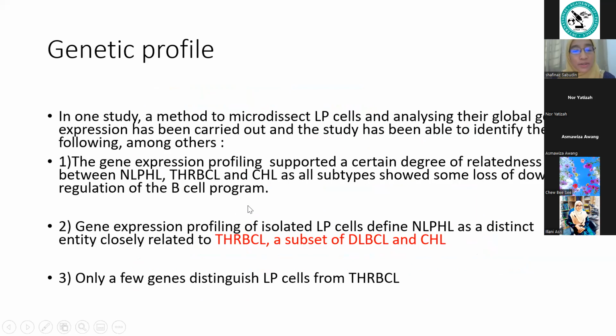From this study, they also established the isolated LP cell defined in nodular lymphocyte predominant Hodgkin lymphoma as a distinct entity closely related to T histiocyte rich B-cell lymphoma and classical Hodgkin lymphoma.